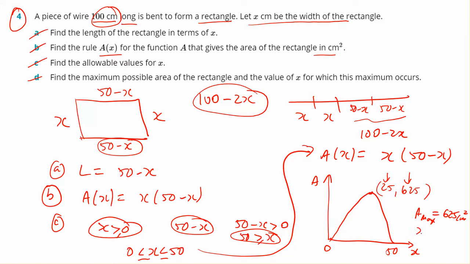So the max width is equal to 25 centimeters. You must answer the question, because there are actually two parts to this question. In a SAC, if you don't answer both parts, then you'll lose a mark, and it's not worth it because you would have done all the hard work. So hopefully that helps.